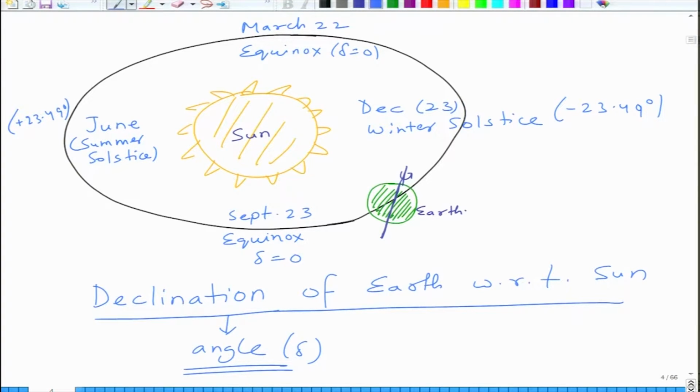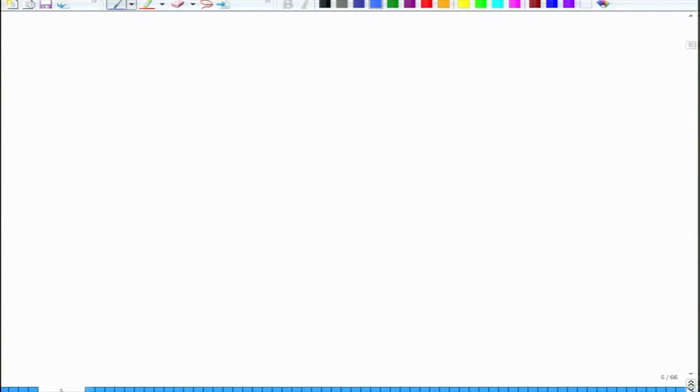So because of this eccentricity, it goes through these seasonal variations, and the way we calculate this angle is as follows. You have this Earth, let us say, now we draw it with respect to Earth.